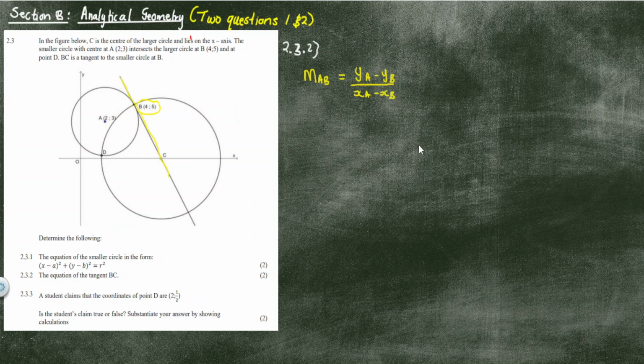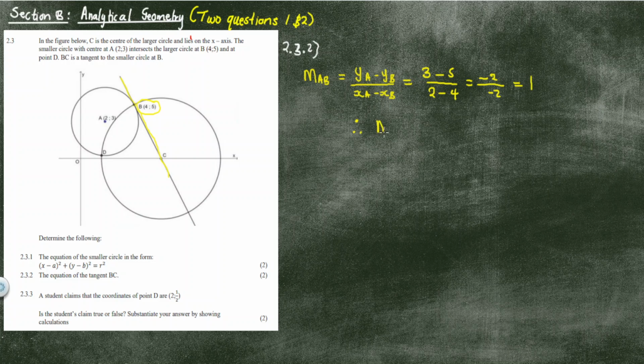So what is YA? YA is 3 minus what is YB, 5, over what is XA, 2, minus what is XB, 4. 3 minus 5 is minus 2. 2 minus 4 is negative 2 as well. So your answer is 1.